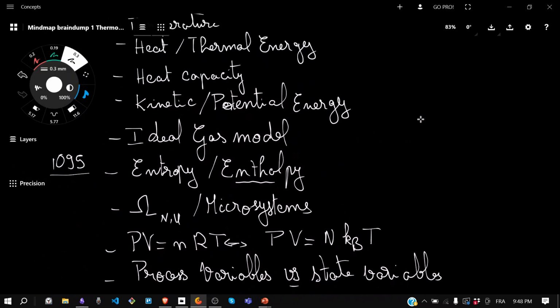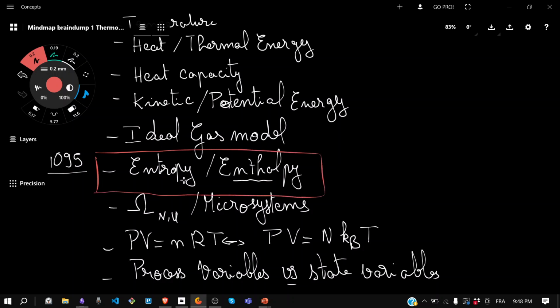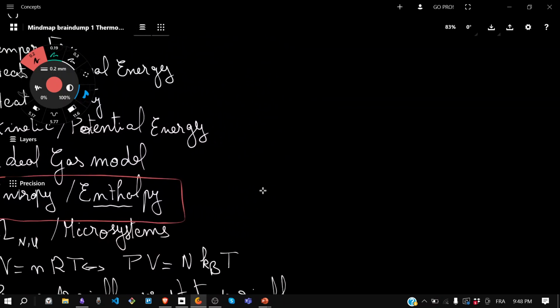So, what's the most important idea in here? I think we should start by looking at entropy as being the fundamental idea. It's not the one we started with, but I feel like, and we're going to test that, entropy and enthalpy are at the basis of all my understanding of everything around it.